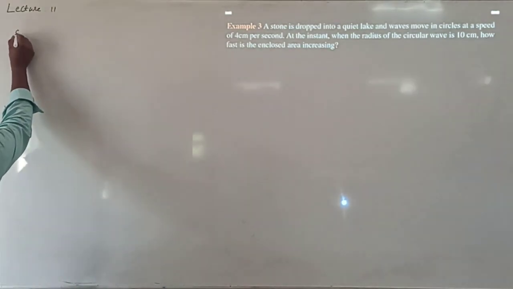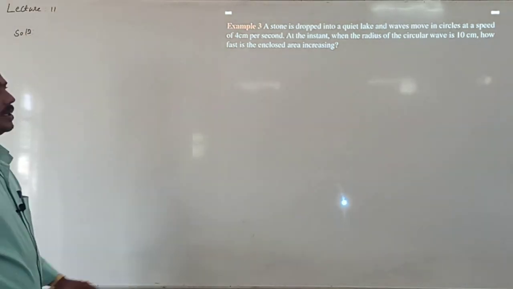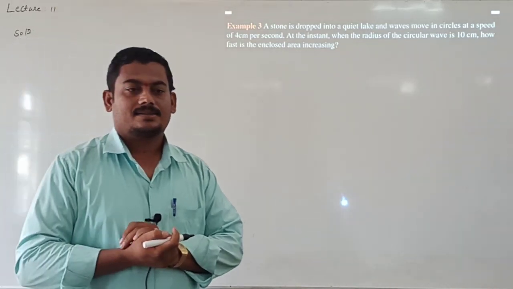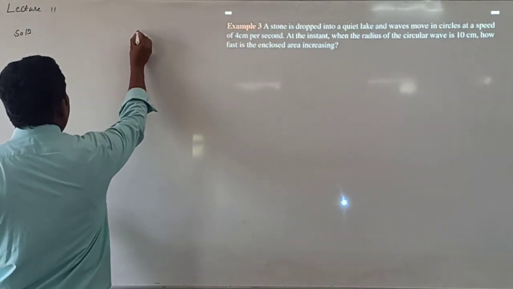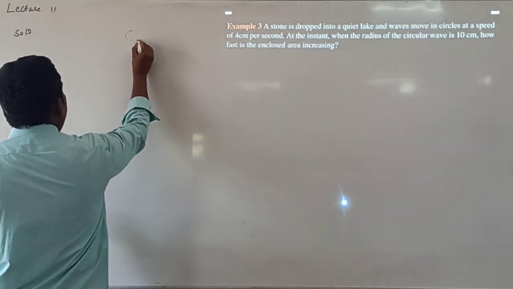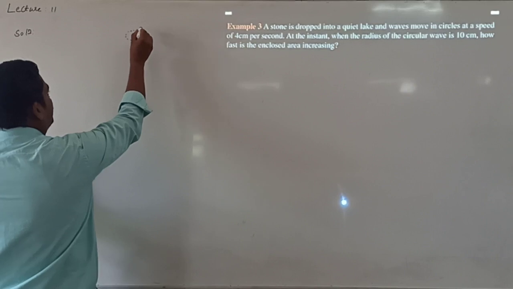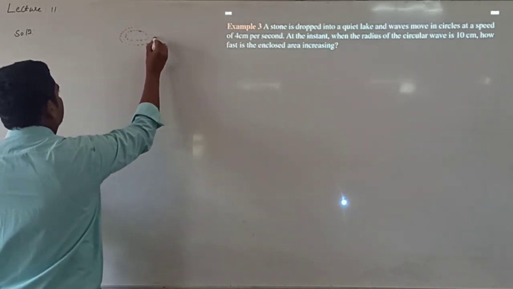Solution. A stone is dropped into a quiet lake. Suppose this stone is dropped into a quiet lake. These are waves. Waves move in circles.